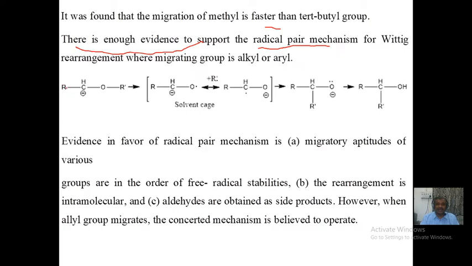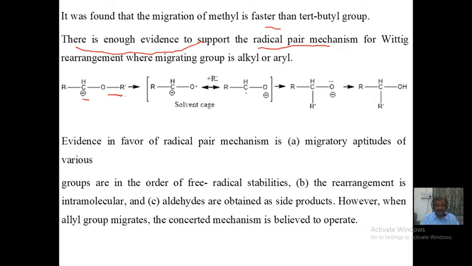Okay. So this is the starting material, RCH2OR prime, suppose here. In the presence of phenyl lithium, etc., a proton is abstracted, and it has become what? Anion, friend. Now be with me, friend.